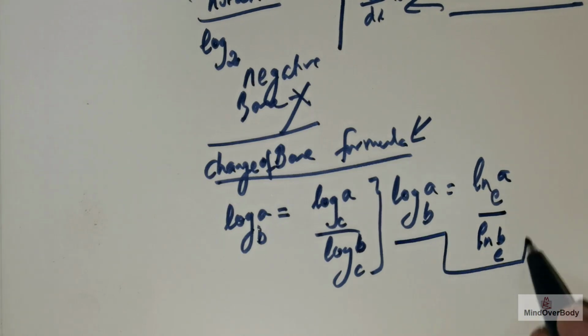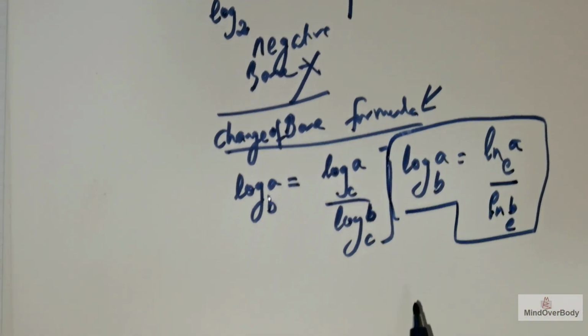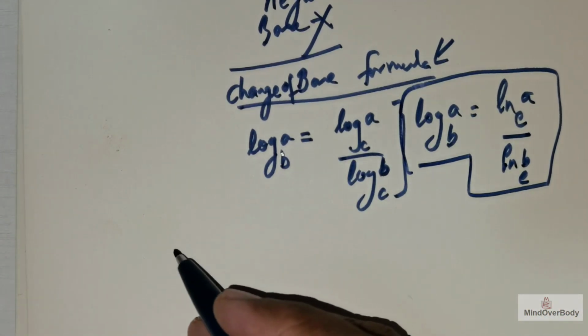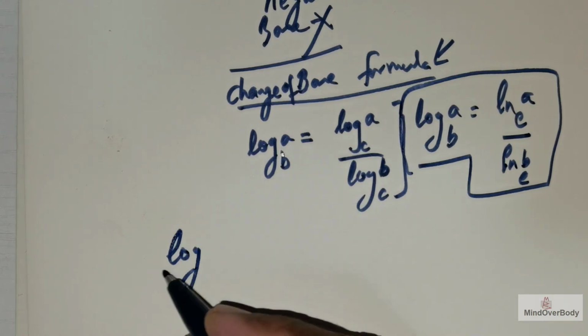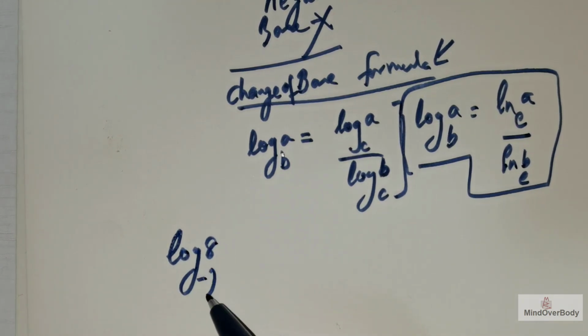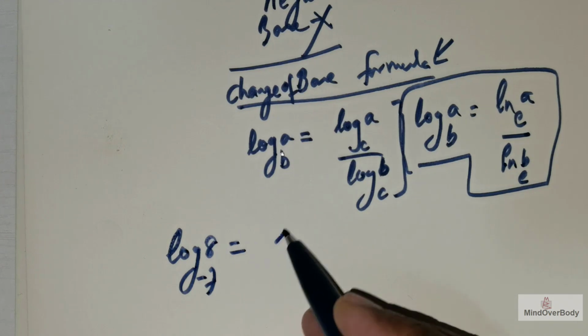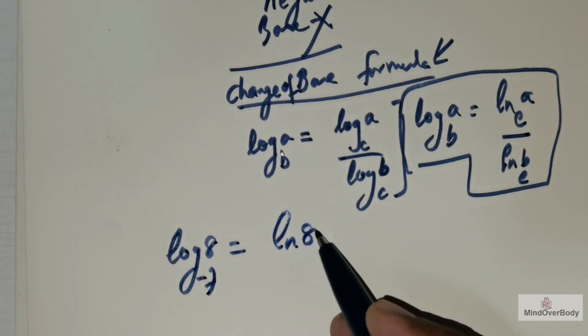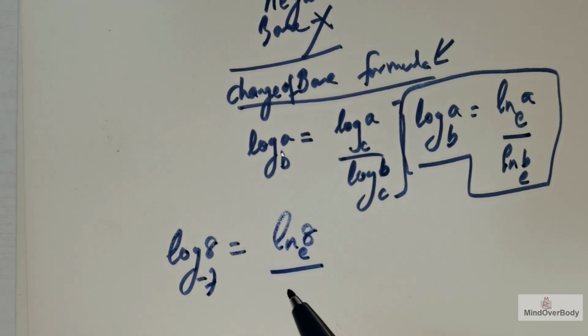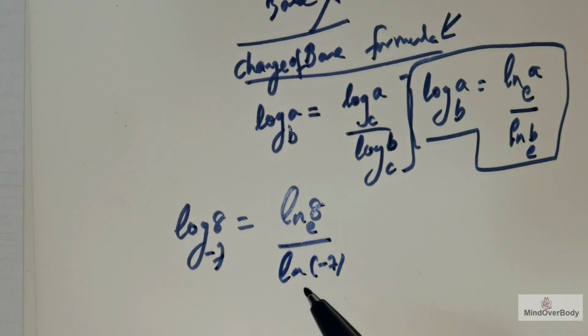So this is how I do it. Now we have been given this question, that is, evaluate log of 8 to the base negative 7. I can rewrite this as ln of 8 divided by ln of negative 7. So this is always possible.